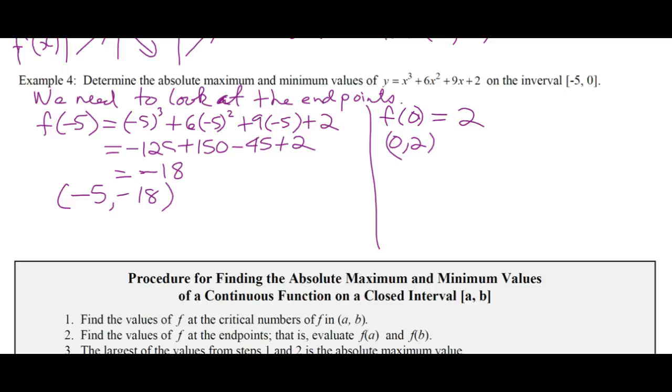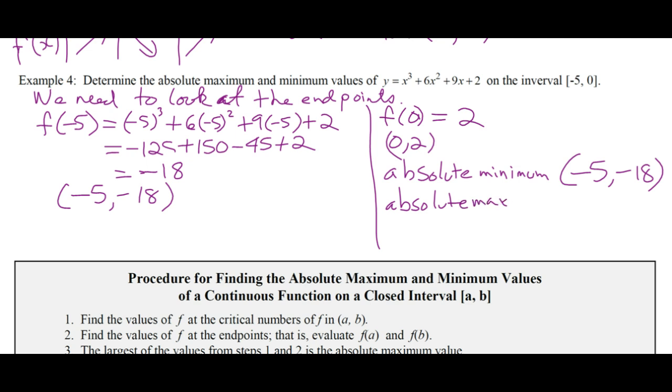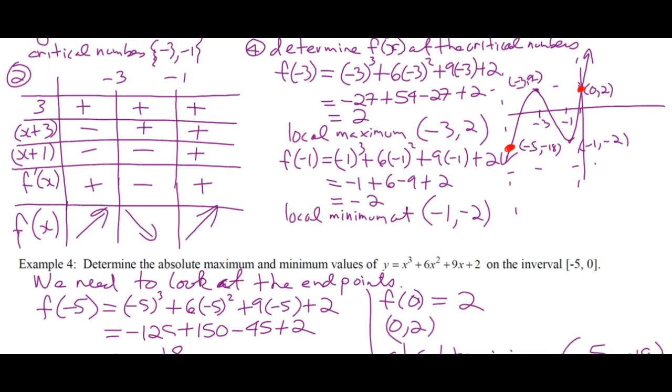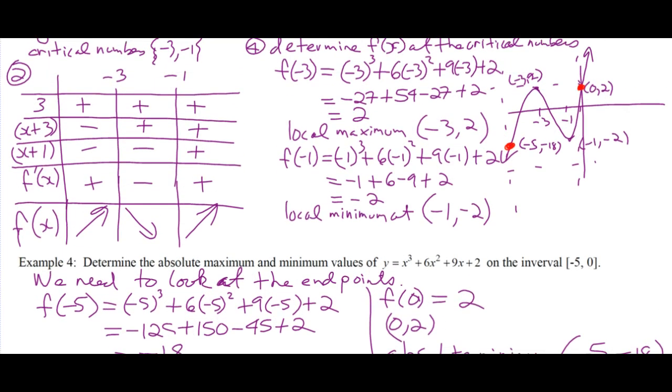So the absolute minimum occurs at -5, -18, and the absolute maximum, well, we kind of have two, right? We've got -3, 2, and we've got 0, 2.